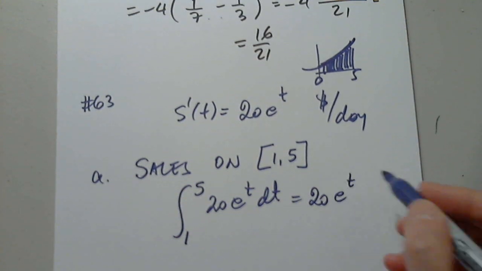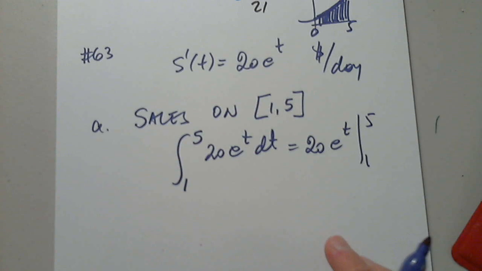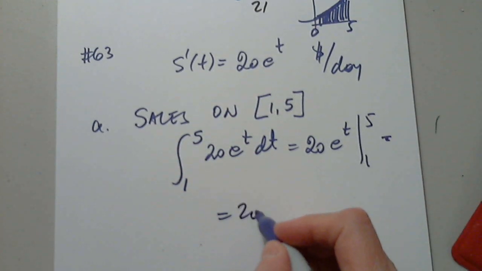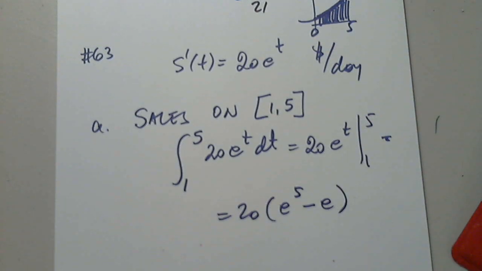Or we know is the easiest one, from 1 to 5. We plug in 5 and subtract when we plug in 1. And we calculate this in any way you want, but you have to at least write what I wrote and plug in the numbers.